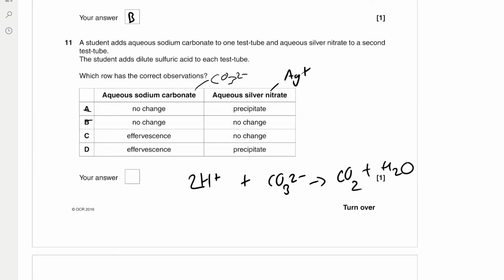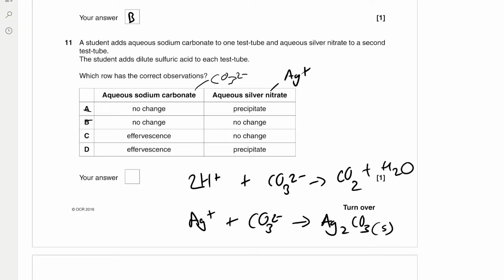So then we need to look at our silver nitrate, and Ag+ would actually react with the carbonate ions, forming a precipitate.